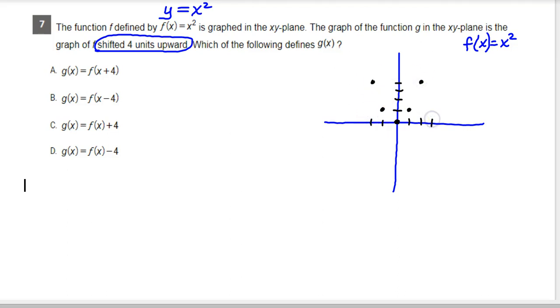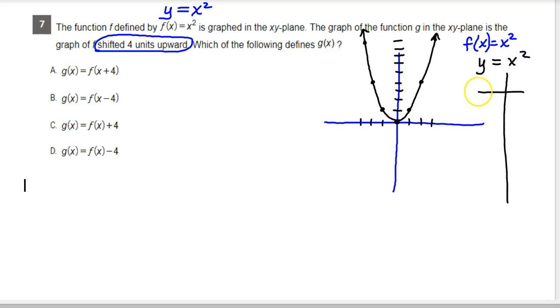And you could actually go over 3 and up 9. Just kind of sketching it out so you have an idea. And it kind of looks like this. It's like a bowl that basically opens up. That's the parent function. That is what y equals x squared looks like.